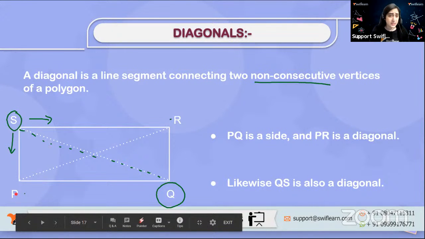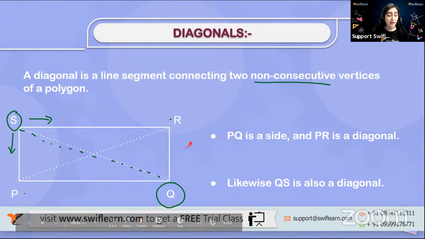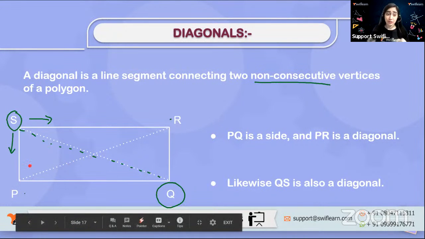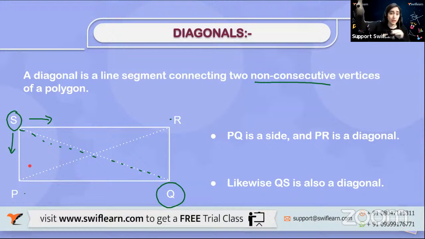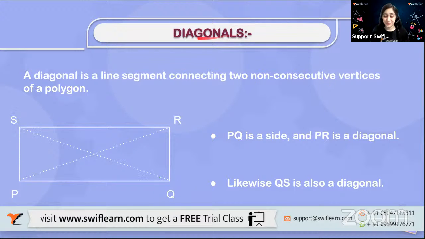How is it with P? Same. From P we will go to S or Q, whereas R is on the other side. So I have to cross a bridge. We can think of it like that. We cannot directly go to the left or to the right. So when you need a bridge to go somewhere else, we call it a diagonal. You can think of it like that also. All right.